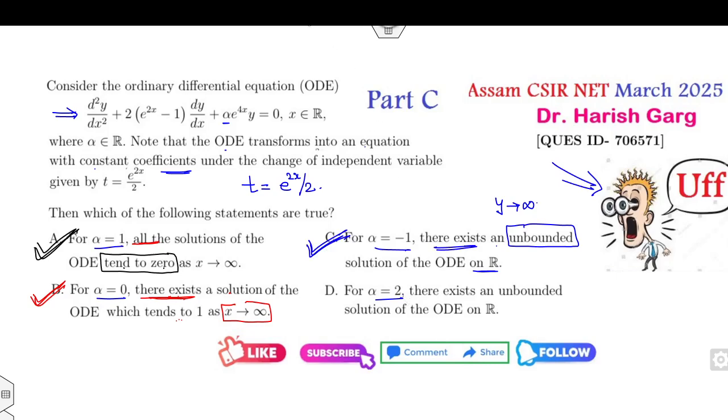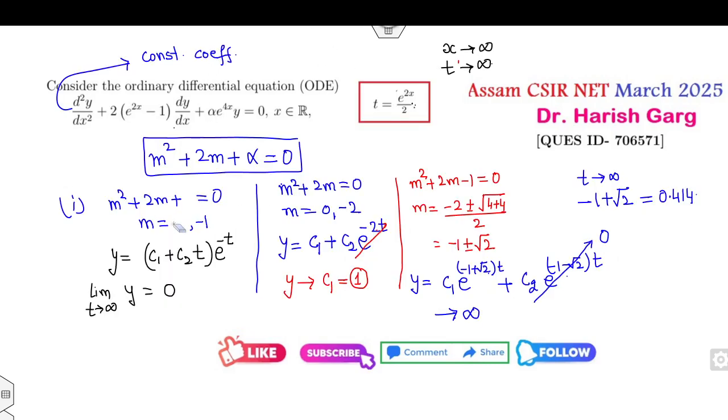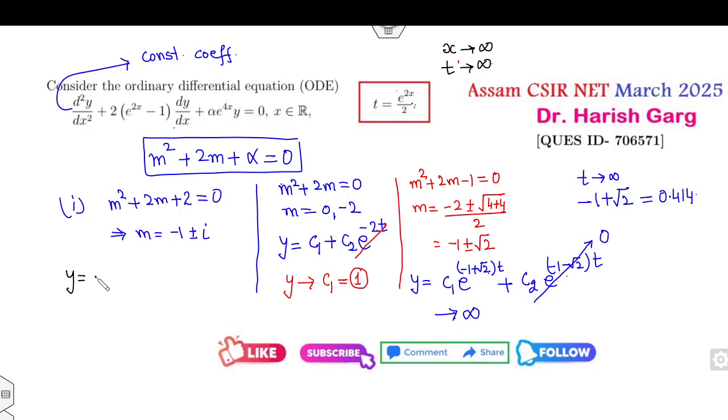Look at the last case, when alpha is equal to 2. Then your equation becomes this, and the roots are minus 1 plus minus iota. Then your equation becomes y is equal to e raised to power minus t (c1 cos t plus c2 sin t).